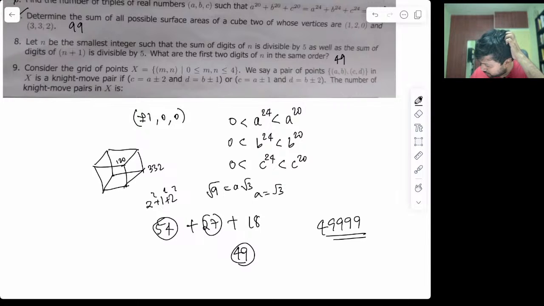Sum of digits. What is the sum of digits though? Sum of digits is modulo 9, but modulo 9 is not a good idea. I want to do modulo 5. Should be 0. 49.